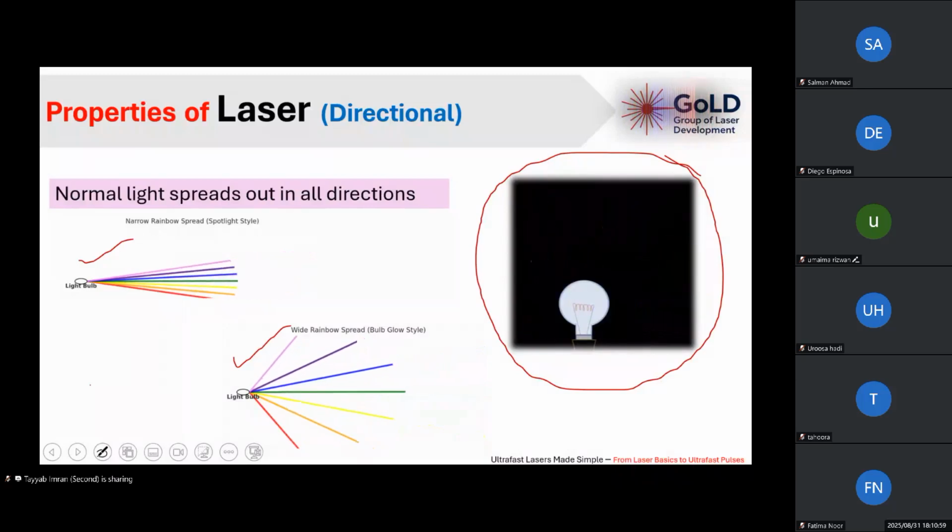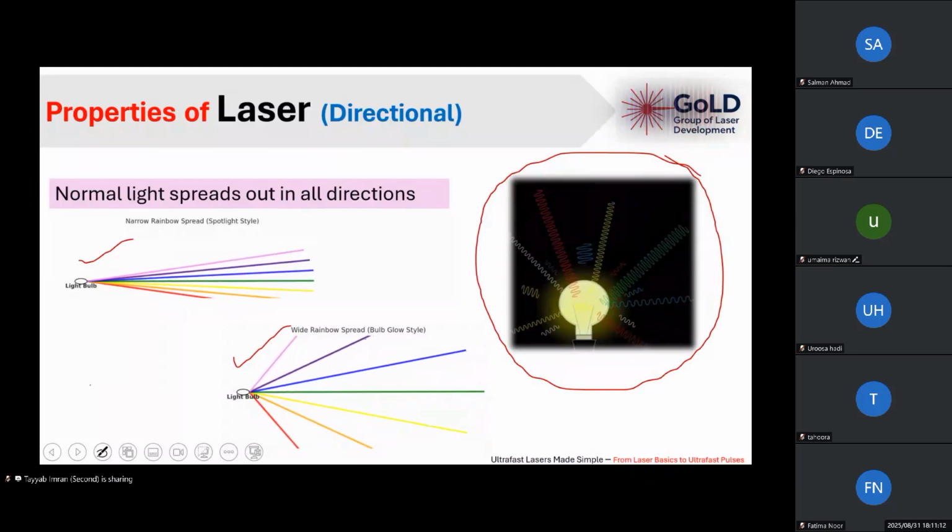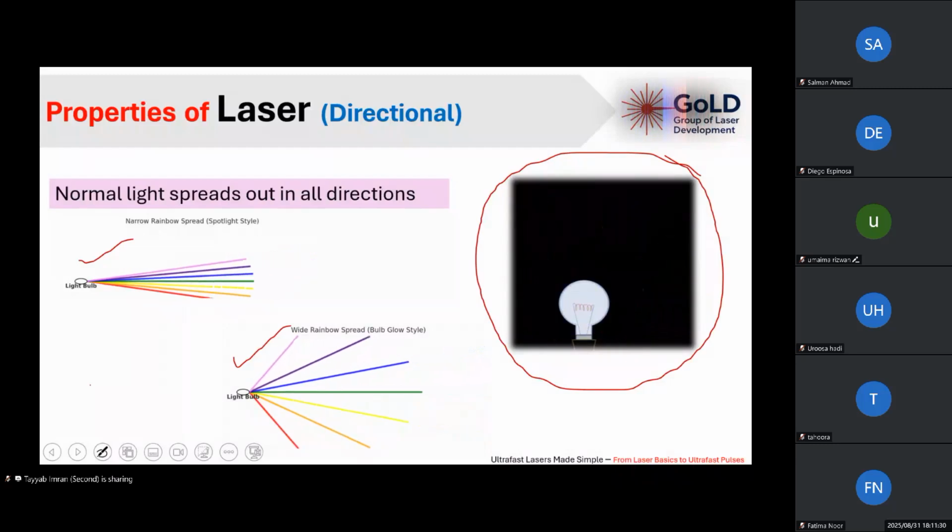Even in some cases, like a halogen lamp or a sodium lamp, which are considered to be monochromatic but are not coherent, the spread of the light is not very directional. So one of the important properties of the laser is that it is directional.